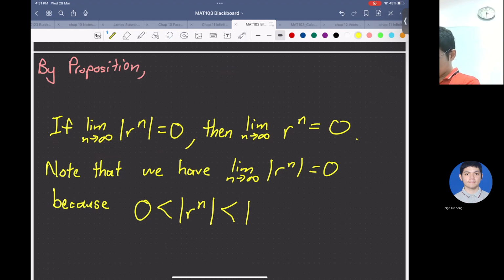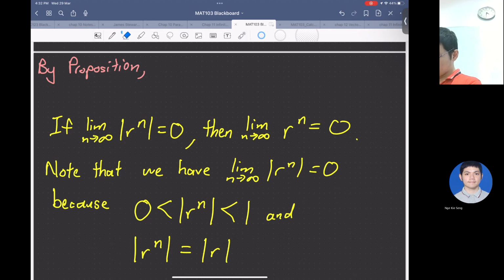The absolute value of R^n is the same as the absolute value of R to the power n. Taking the absolute value after the power is the same as taking the absolute value first and then raising it to the power. So you reduce the question to something between 0 and 1.